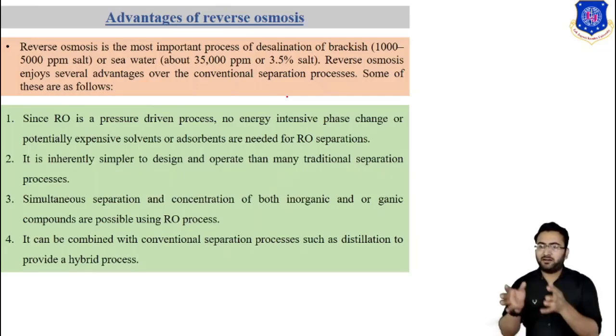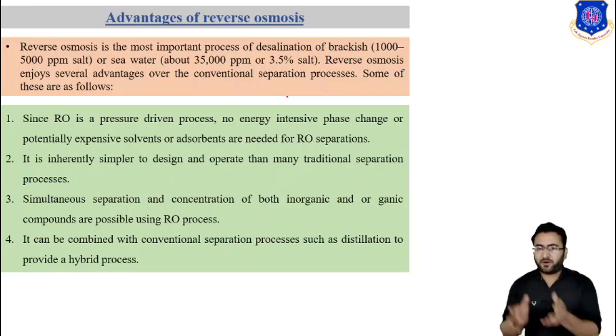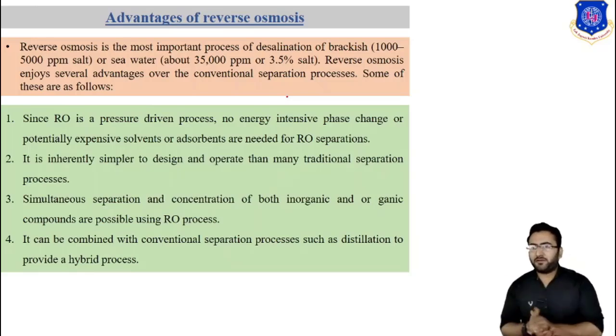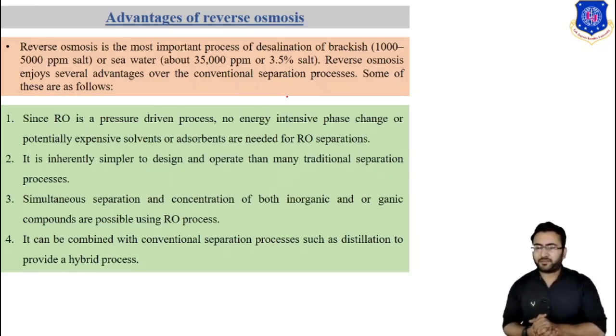We know that in distillation we require intensive energy for the phase change, in liquid-liquid extraction we require a solvent, and in absorption we need an absorbent, whereas in reverse osmosis there is no requirement of intensive energy for phase change, or solvent, or any absorbent for the separation process.